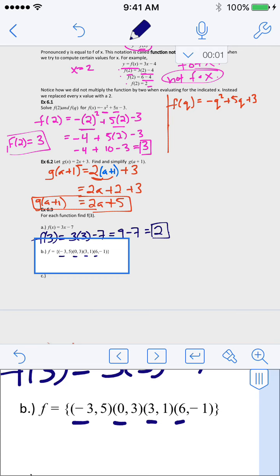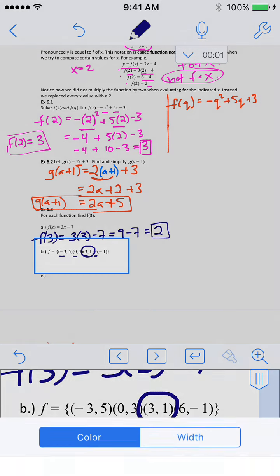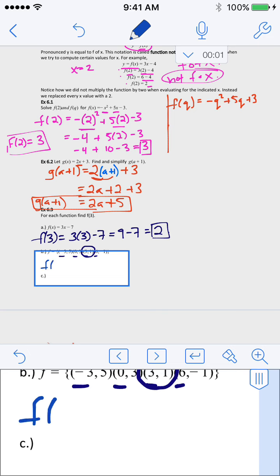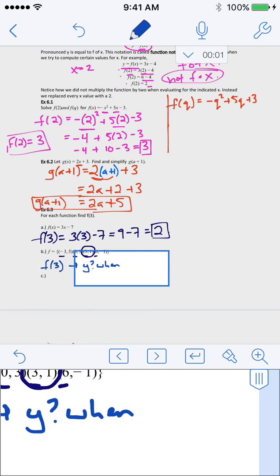Alright, that's right. F of 3 would be in this coordinate pair right here. Remember that x is equal to 3. What we're saying is, to find f of 3, we're saying what is y when x is 3. Just like we were at the very beginning of this section, right? We looked at those ordered pairs and we said when x is 3, y is such and such.